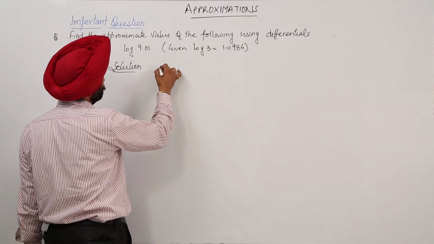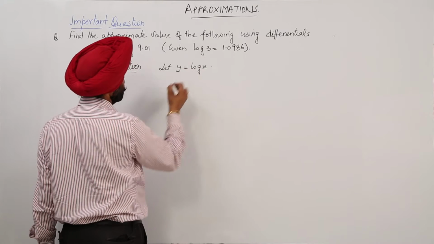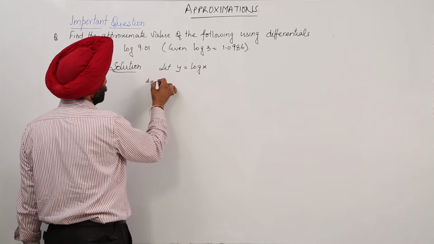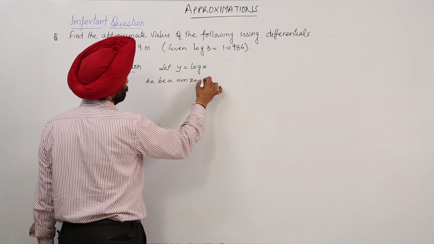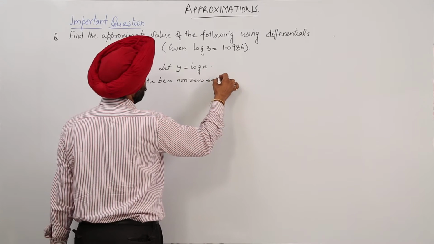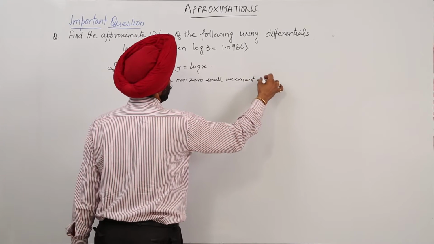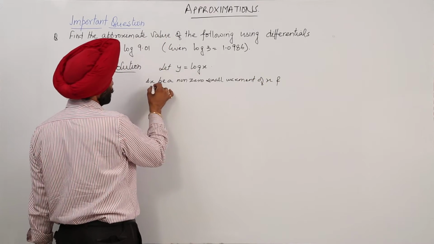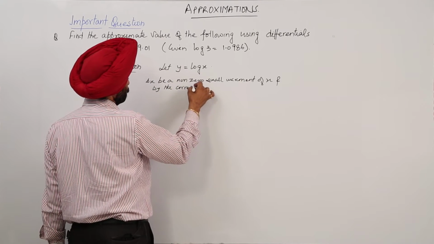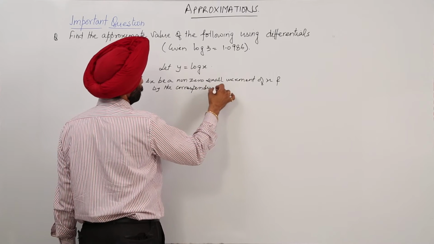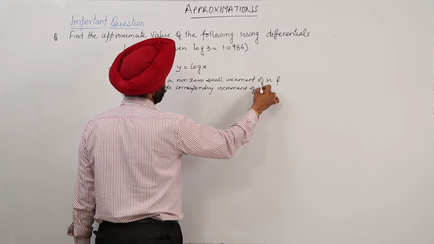Now let y is equal to log x, and let delta x be a non-zero small increment of x and delta y the corresponding increment of y.